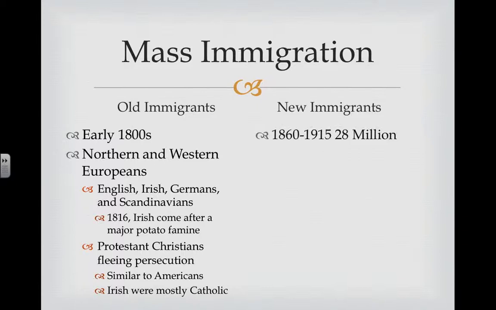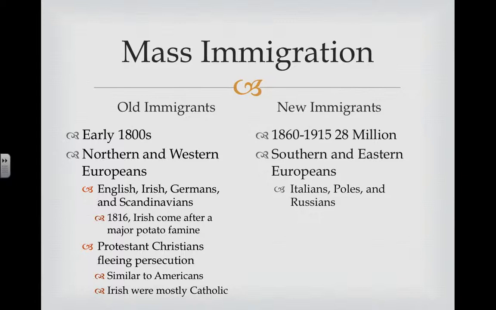So between 1860 and 1915, another 28 million people immigrate to our country. And these people, though, are usually from Southern and Eastern Europe. So these are countries like Italy, Poland, which was part of Germany at the time, but the ethnic group there is the Polish and Russians.